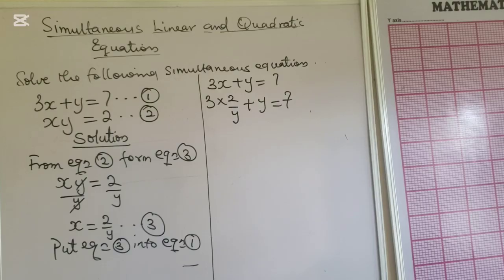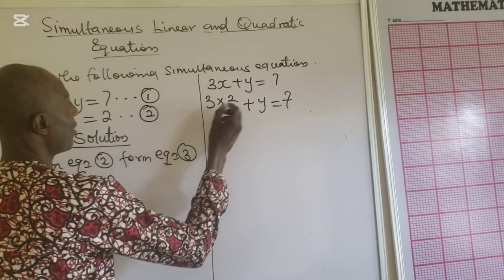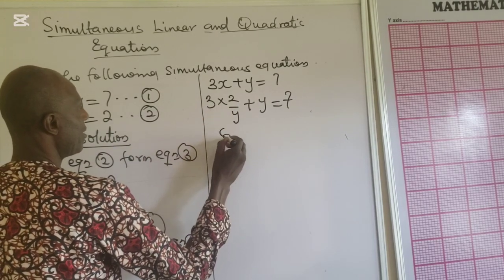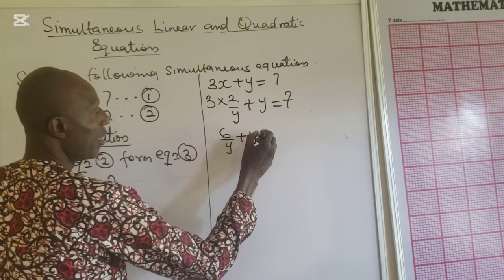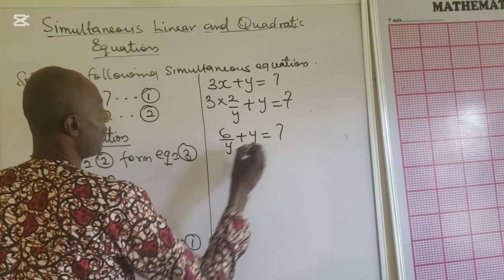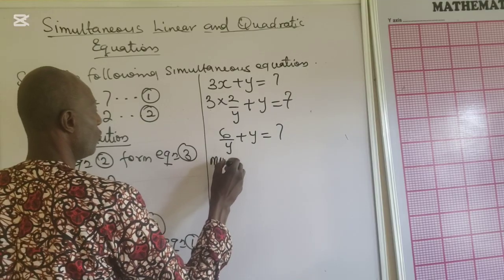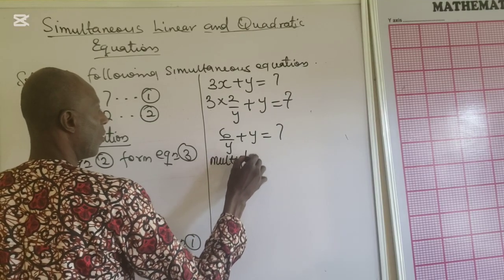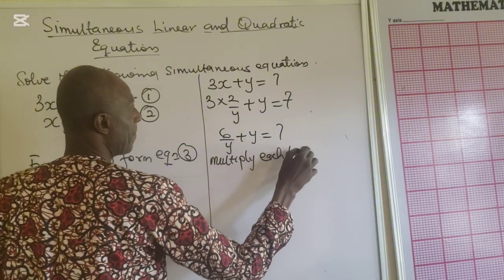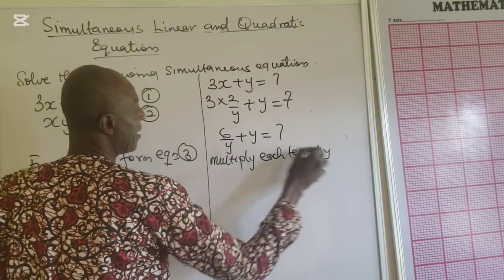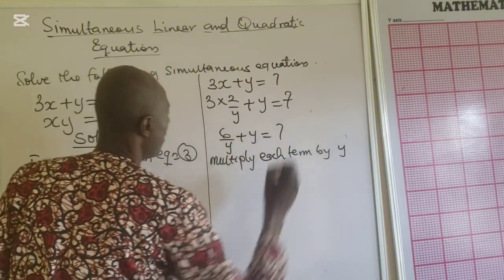So let me clear the bracket. 3 times 2 is 6. 6 over y plus y is equal to 7. So multiply each term by the denominator, which is y.